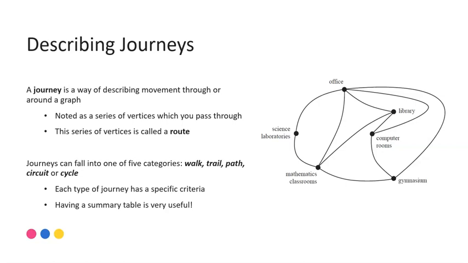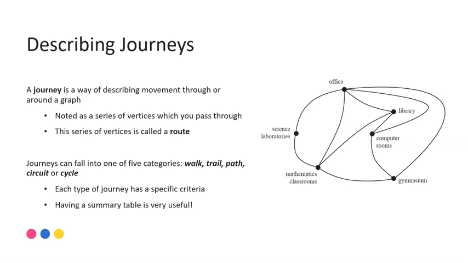So often we'll talk about the route, for example, in the diagram here from the office to the gymnasium. There would be various journeys that you could take, and we would be noting what vertices or locations we are passing through on that journey. A journey can actually fall into one of 5 different categories: a walk, a trail, a path, a cycle, or a circuit.